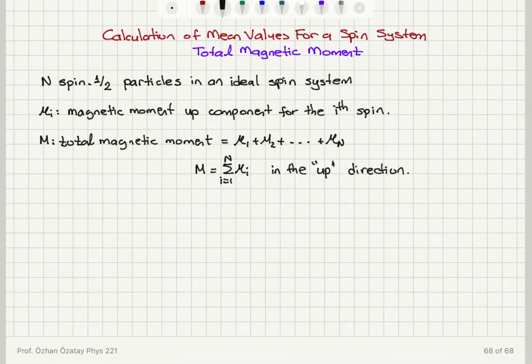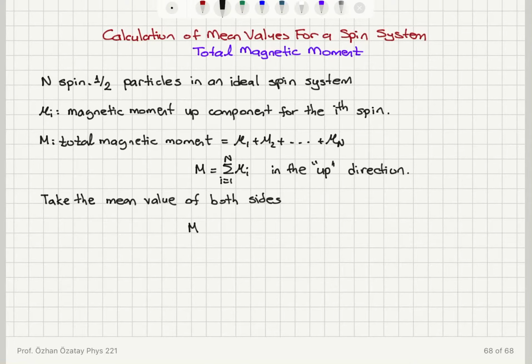Now if I take the mean of both sides, mean value of both sides, what would I find?